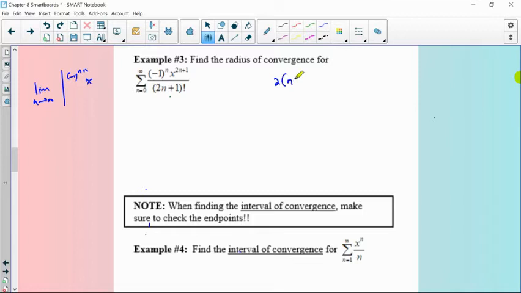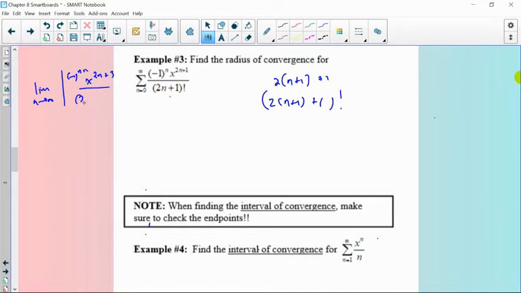It's 2 quantity n plus 1, plus 1, right? So that's 2n plus 2 plus 1, so that's 2n plus 3. Just to be careful of that. And then same thing down here, it's 2 times n plus 1 factorial, so that's 2n plus 3 factorial. So be careful about that.